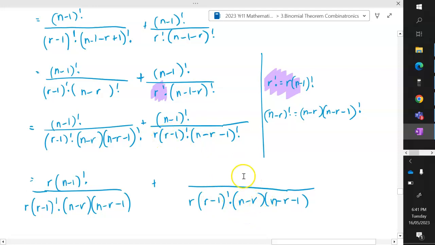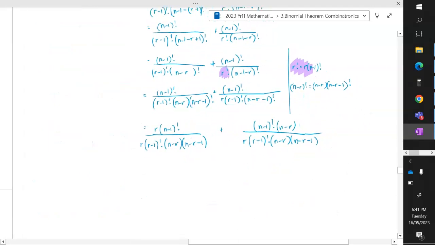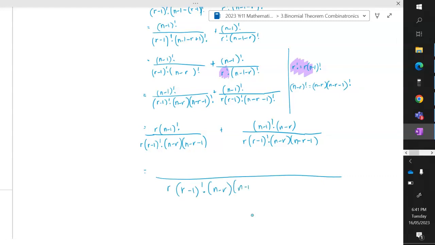I'm going to times by n minus r. I've already got an n minus 1 factorial, and I'm going to times it by n minus r. So let's pop that all over one denominator, and you could have done it in the one step. We're going to have r minus 1 factorial, n minus r minus 1, and our top line will become r times n minus 1 factorial plus n minus 1 factorial times n minus r.